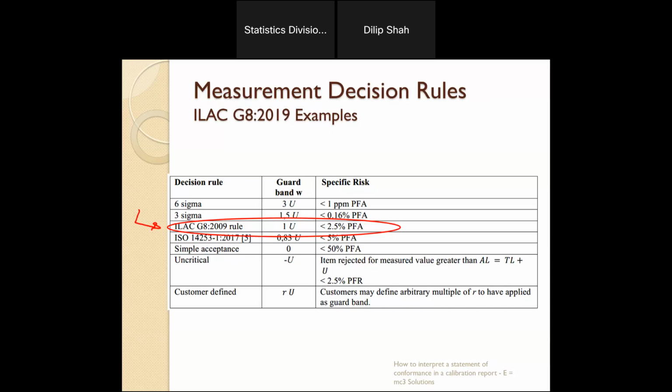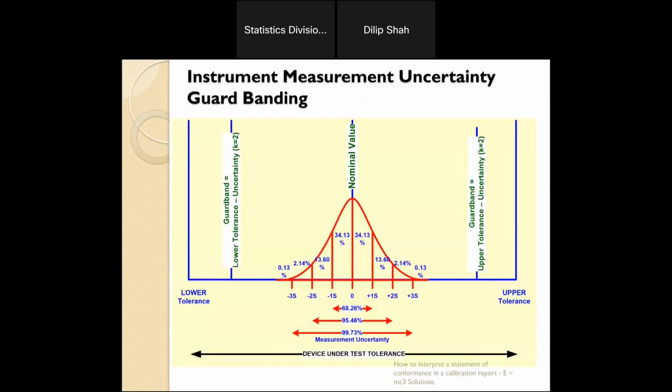So we're going to use that in our example to say how do we interpret this statement of conformity, taking into account all these things. What that decision rule does is it says, I have a nominal value, I have an upper and lower specification, I have a measurement. Right now, the way I show the measurement is a perfect measurement.